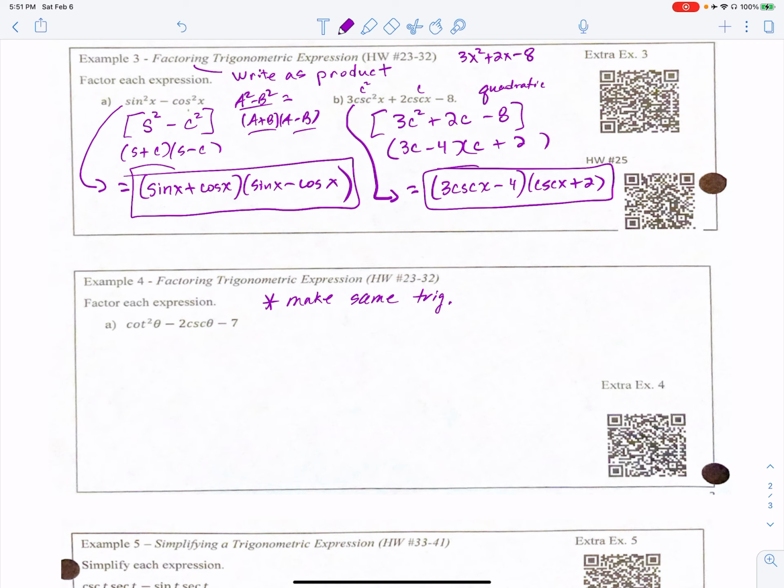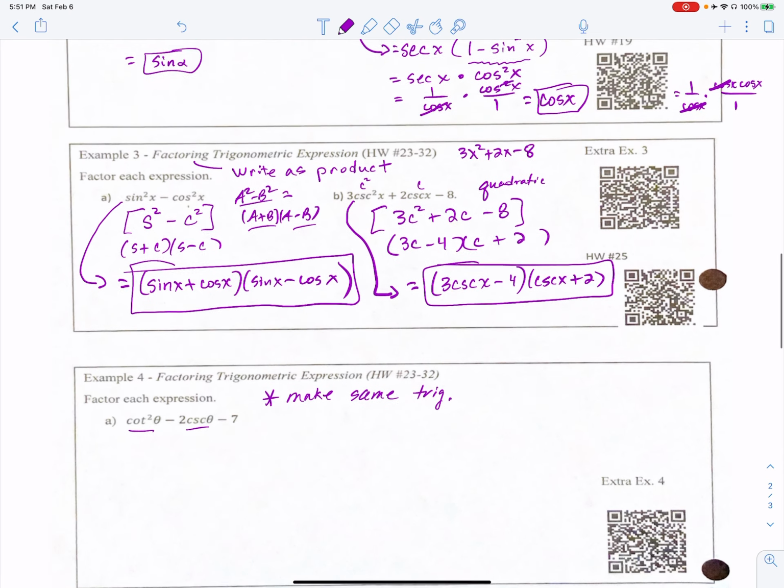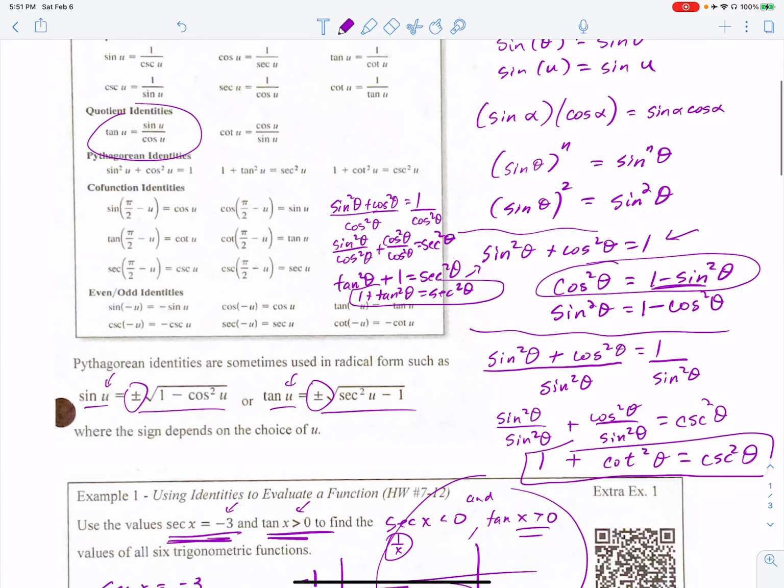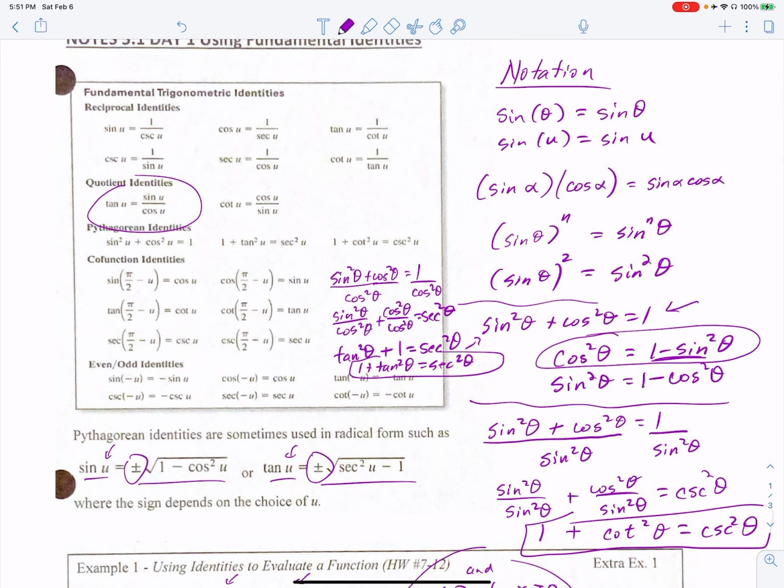So I need to go back to that chart and look at the cotangent and cosecant and see what tools I can use. Is there something that relates cotangent and cosecant?